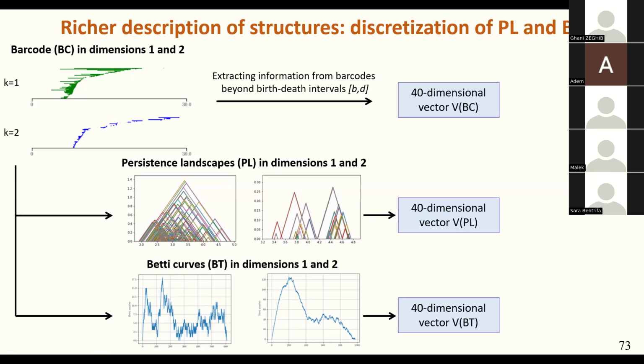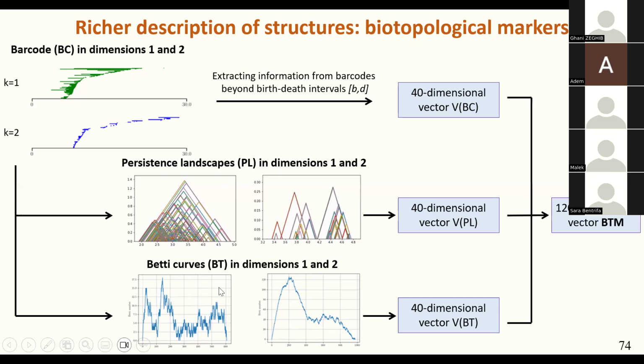And I combined the 40 values from the statistics, the 40 values of persistent landscapes, and the 40 values of Betti curves into a 120-dimensional vector that I called a biotopological marker. My hope was that this constitutes a more reliable representation of the protein structure, or I called it a vectorization of the protein structure.